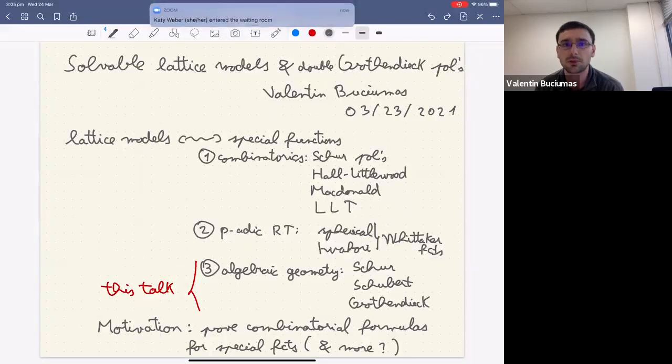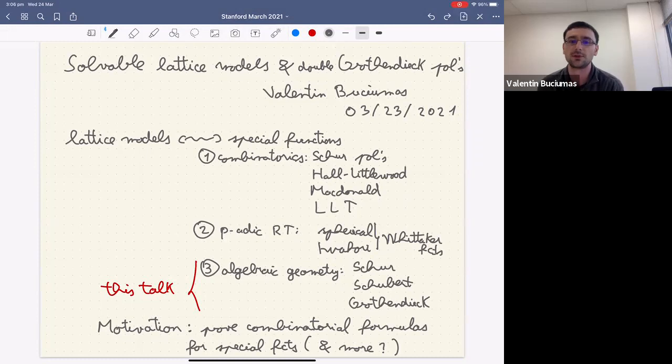Recently, there have been papers studying lattice models for LLT polynomials. And I want to think about these as combinatorial special functions. We've also seen several talks on different versions of Whittaker functions that appear as partition functions of lattice models.